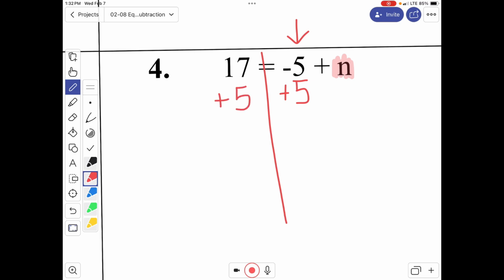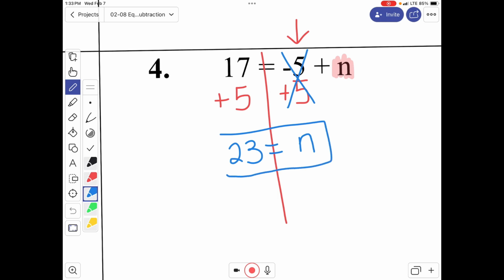Make sure you put positive 5 on both sides. 17 plus 5 makes 23. Equal sign stays on the wall. Since the 5's are opposites, they cancel, and N is the only thing left on the right.